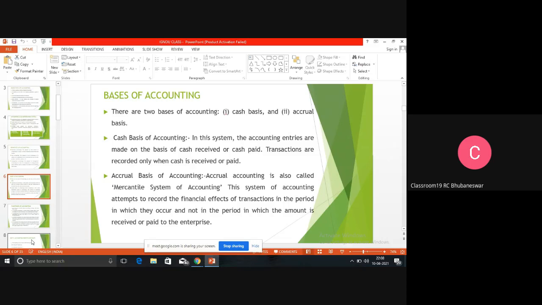Goods sold is the accrual basis of accounting. But when goods are sold, the money is received, and only then it is recorded in the books of accounts, that is known as cash basis of accounting. Accrual basis of accounting is broader than cash basis because it is flexible, and it is required for the business organization for its smooth conduct.